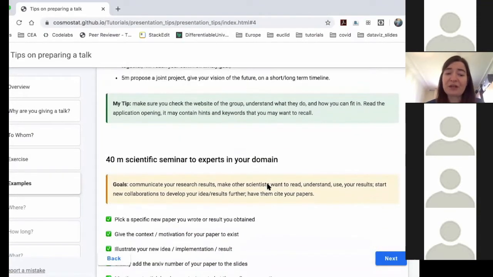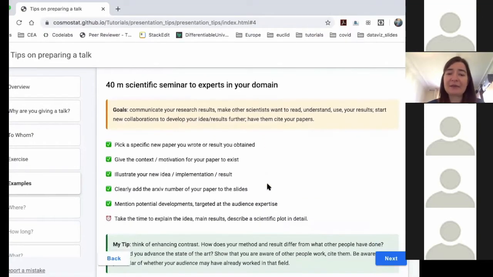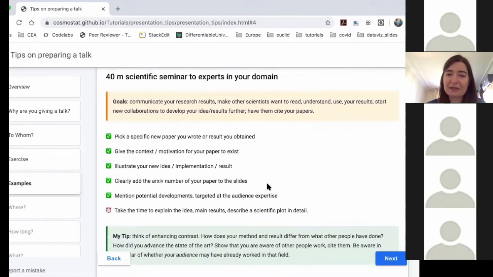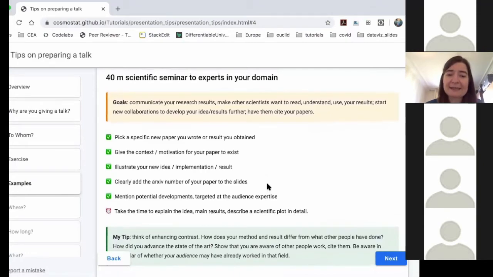A different situation is a 40-minute scientific seminar to experts in your domain. Now, in that case, your goals are to communicate your research results. You want other scientists to read, to understand, to use and cite your results and papers. And maybe you want to develop new ideas thanks to new collaborations.